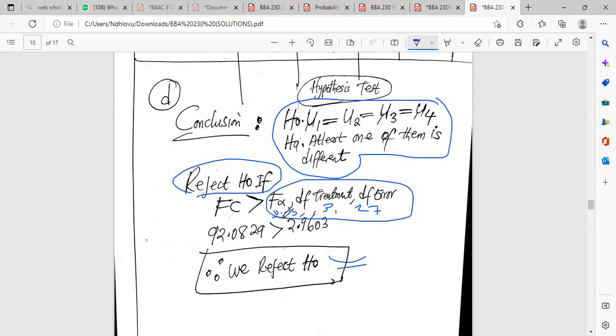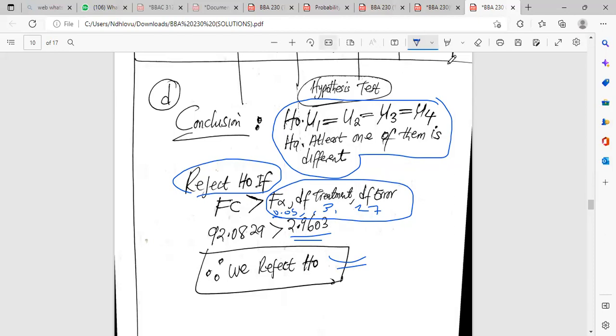So use the F table 0.05, with 3 as numerator and 27, you can get the 2.9603. For those who will be behind getting from the table, we'll explain thoroughly how this figure was found. But you go to the F table, statistical table, you go for F table 0.05 and you go for 3 and 27 to give you 2.9603.